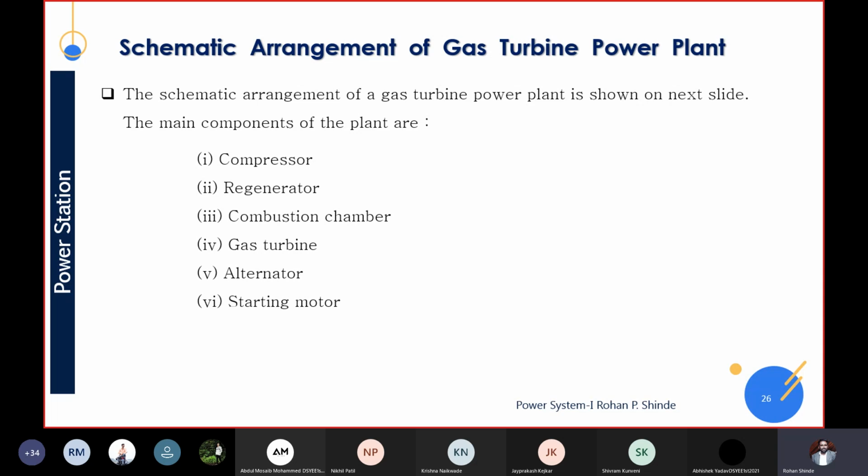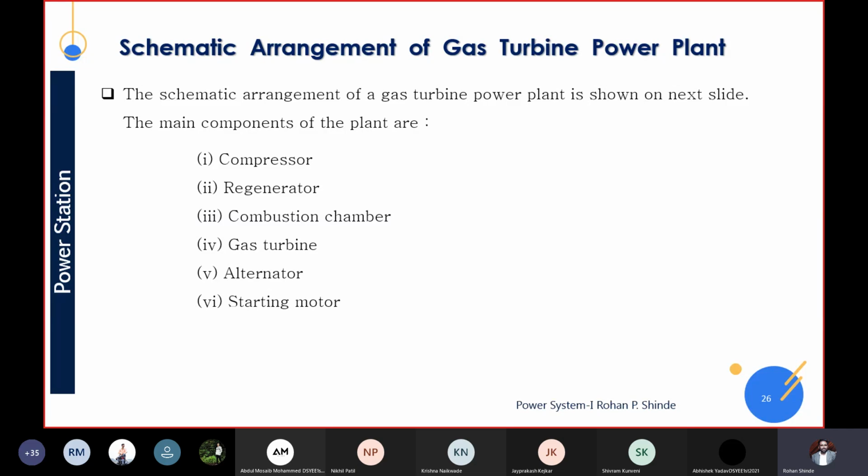Okay, so can anybody tell me how many main components there are for a nuclear power plant? Four. Very good.